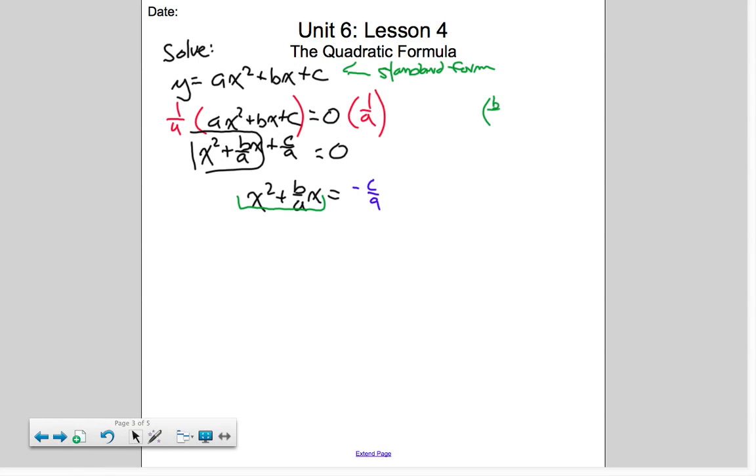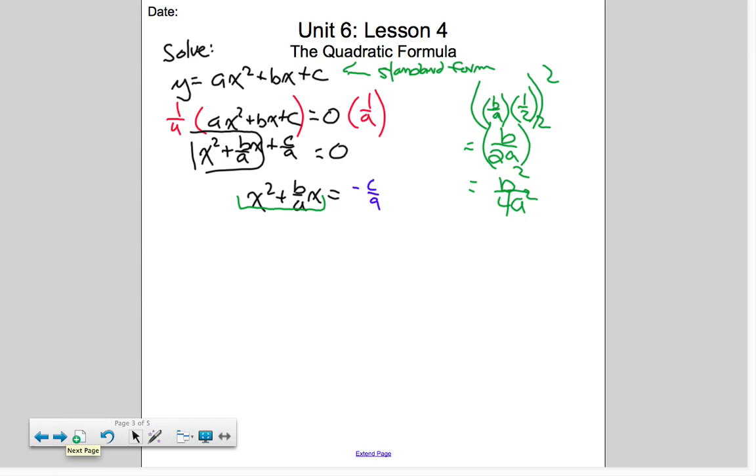So b over a, I need to multiply that by half, same thing as divide by 2. And what do I have to do with that value? Square it. So that's equal to b over 2a squared, right? So I'm just multiplying b times 1 gives me b, a times 2 just gives me 2a. If I square that, I get b squared over 4a squared.